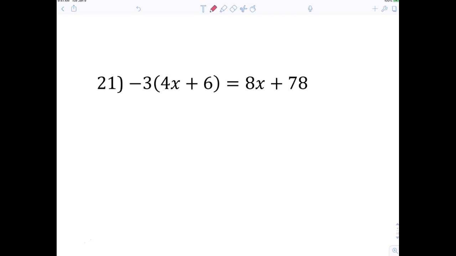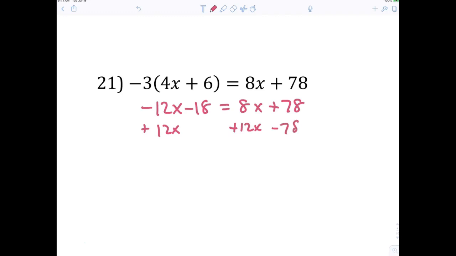Now I'm distributing a -3. All right, when I distribute a -3, negative 12x minus 18 equals 8x plus 78. Now, to me personally, I would add 12x to both sides because I want the variable to be positive. So I'd put a plus 12x.